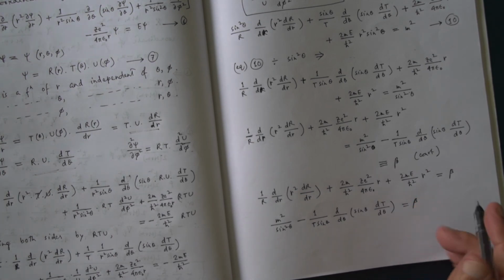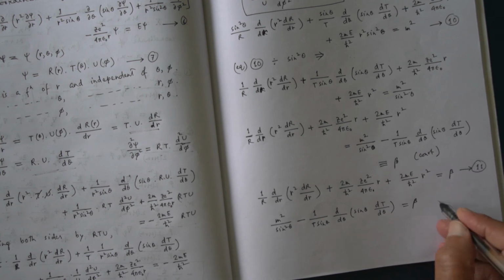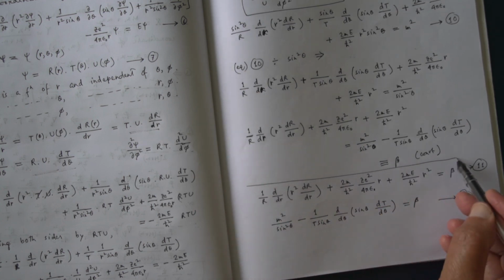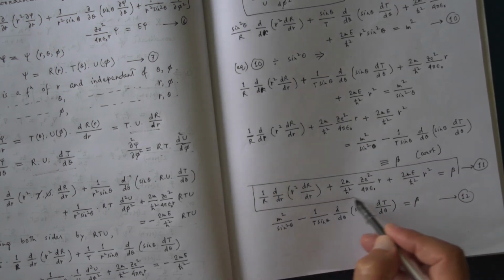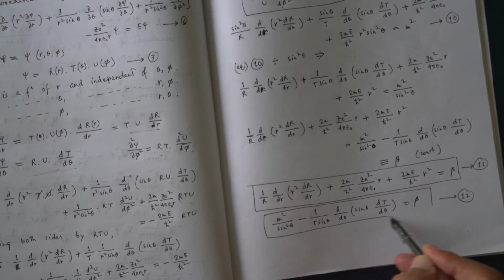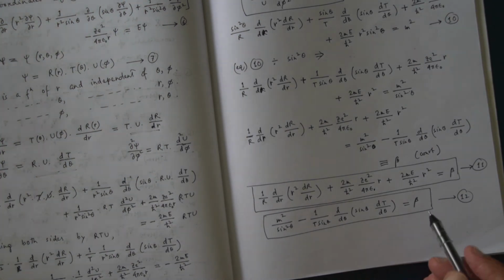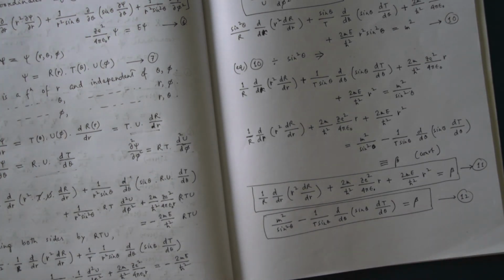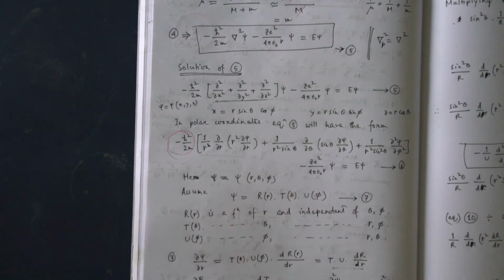Say this is equation number 11 and this is equation number 12. So what we have done is that we have separated the three variables r, theta and phi. Initially the equation had three variables and we have separated them.